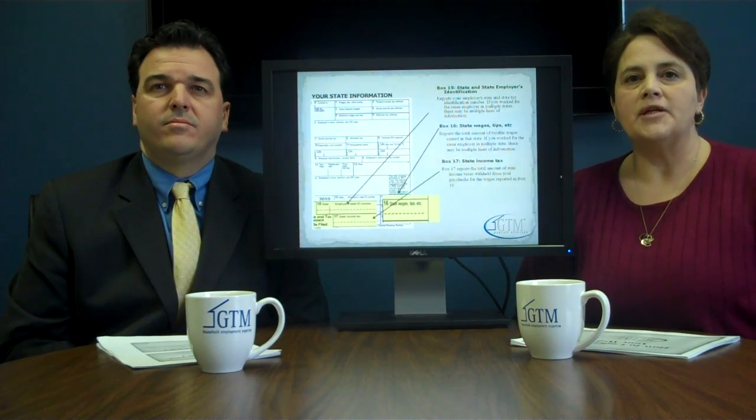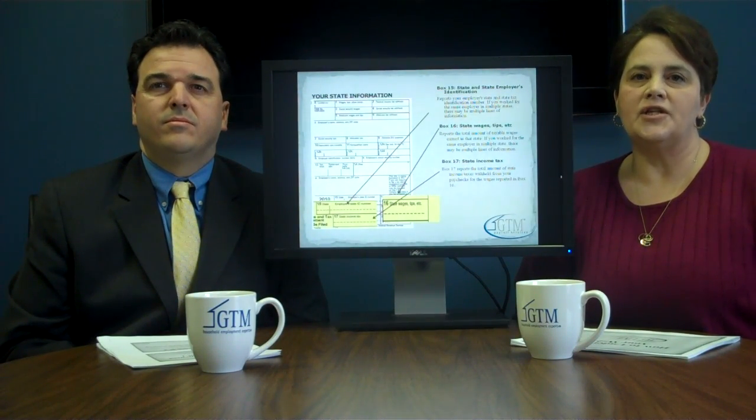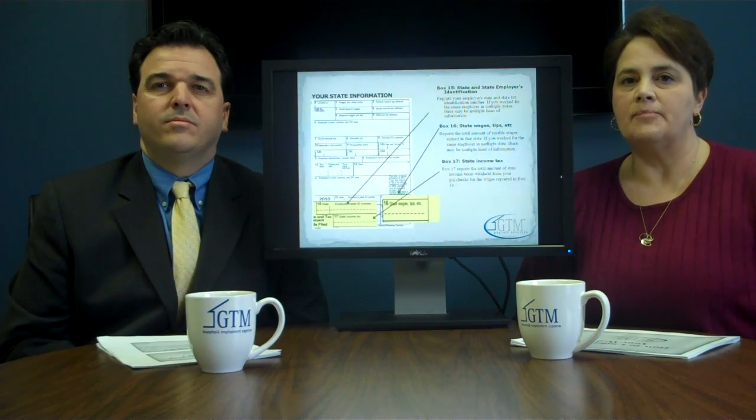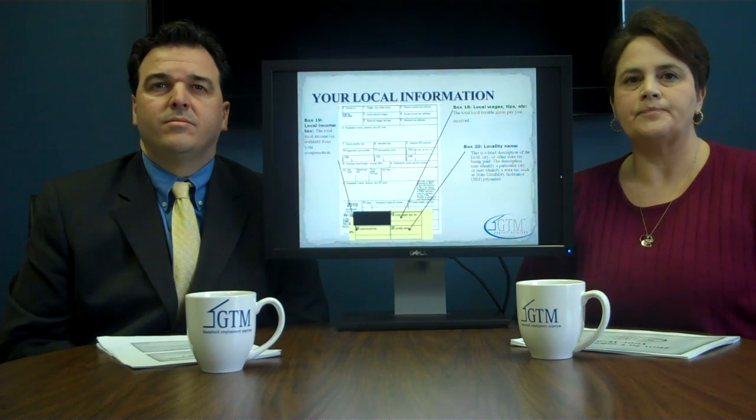Your state information. Box 15, state and state employer's identification number. Box 16 is your state wages, tips, etc. This reports the total amount of your taxable wages earned in that state. Box 17 is your state income tax. Box 17 reports the total amount of state income taxes withheld from your paychecks for the wages reported in Box 16.